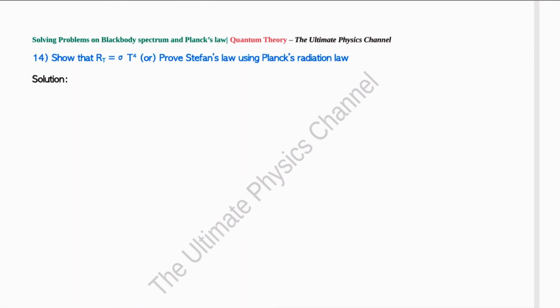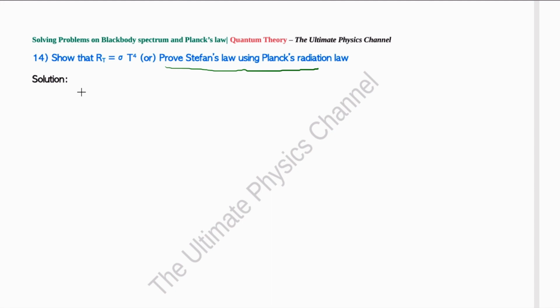Show that R T is equal to sigma times T power 4, or prove Stefan's law using Planck's law. So we have to prove Stefan-Boltzmann's law from Planck's law, right?